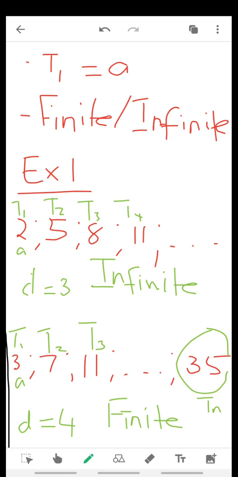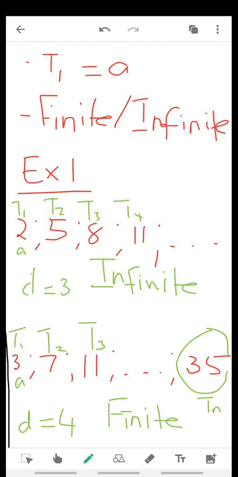Okay, don't be confused. A is also another symbol for the first term of an arithmetic sequence. Okay, so T1 and A will be equal because they both represent the same thing.